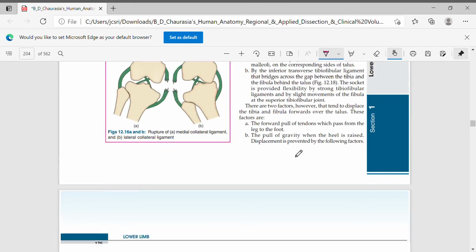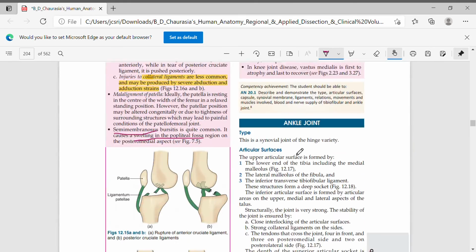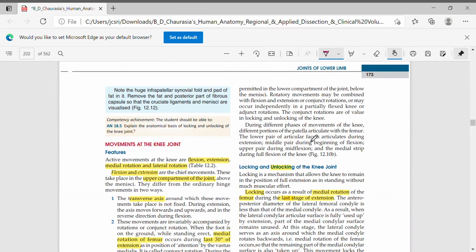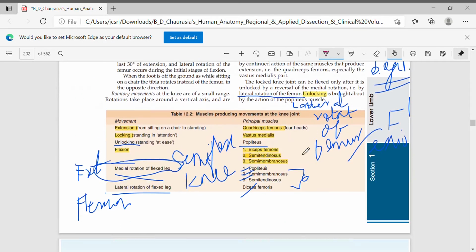So to conclude in a very short way, we have seen the session about the movements of the knee joint along with the muscles contributing to flexion, extension, medial rotation, lateral rotation, locking and unlocking.